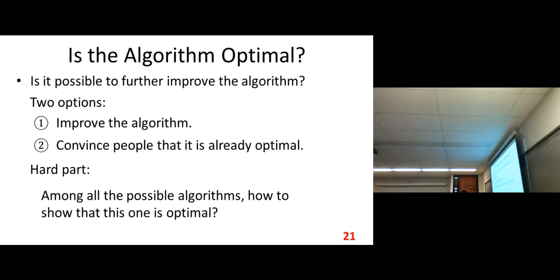You see this part, all the possible algorithms. Many of them, how can anyone exhaust all the possible algorithms for this problem? Nobody can exhaust all possible algorithms. Many of those possible algorithms are unknown.